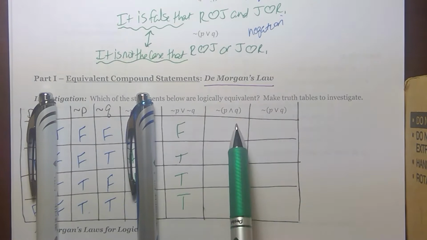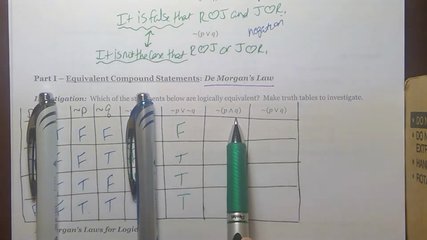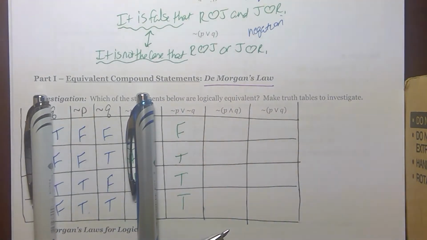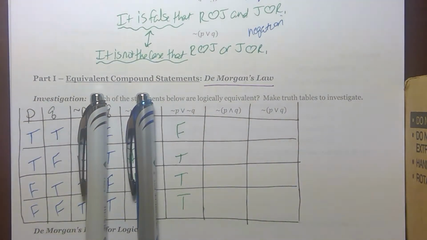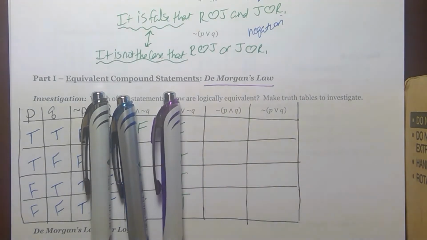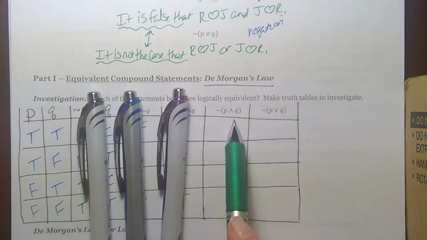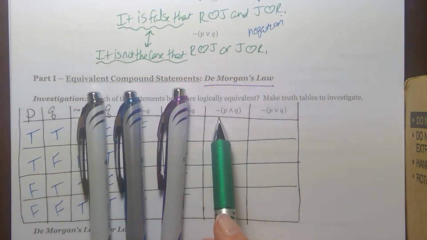All right. When I get over here to this negation, I'm looking at P and Q. I don't have a P and Q column. If you can't do this in your head, please go ahead and add a couple of columns to make this happen. I first need to figure out what P and Q would be, and then I need to negate that.